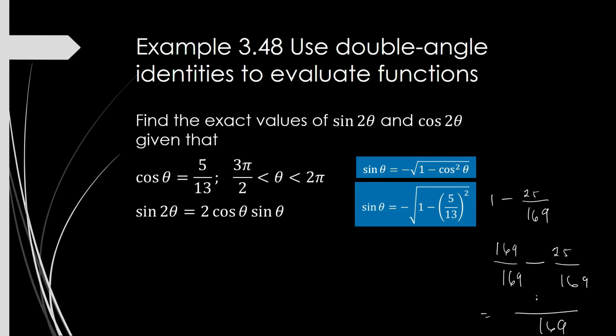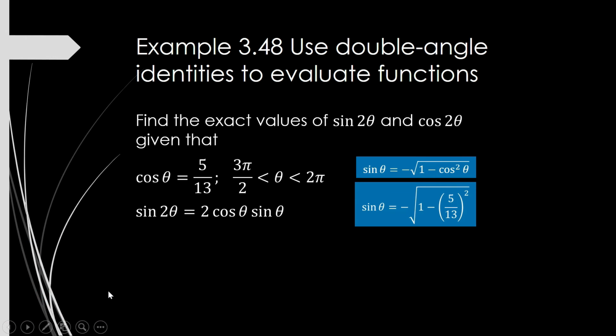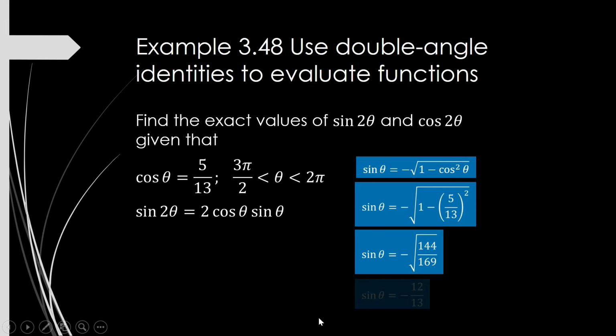That is equal to 144. Okay? And so you will get the negative square root of 144 divided by 169. And it's going to be equal to negative 12/13.